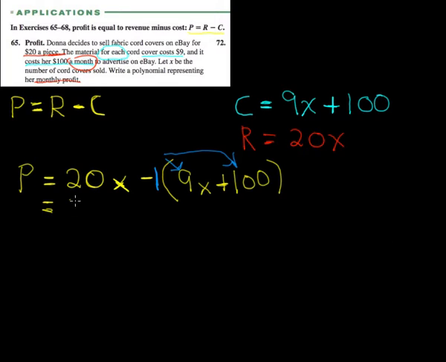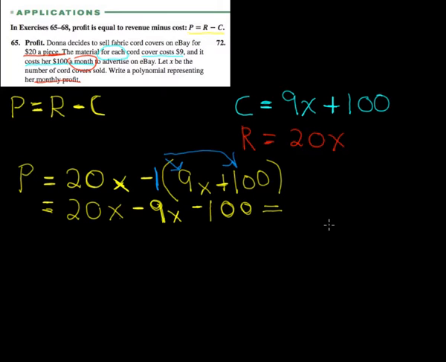And so I get 20x minus 9x for my first distribution, and minus 100. Minus 100 here. Getting each of the distributions coming in.